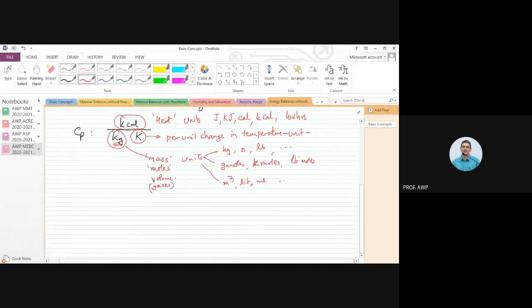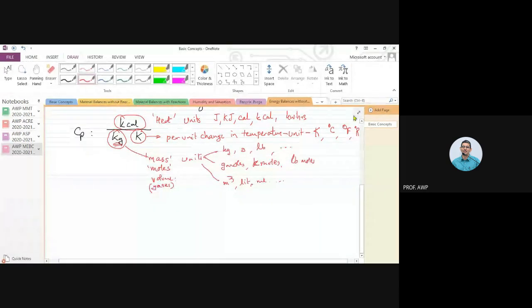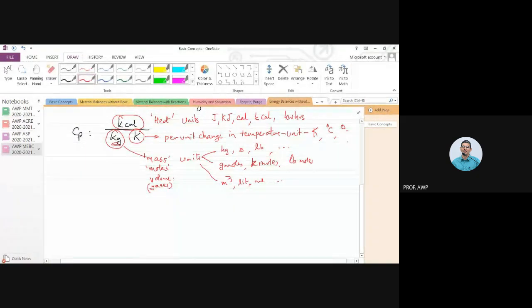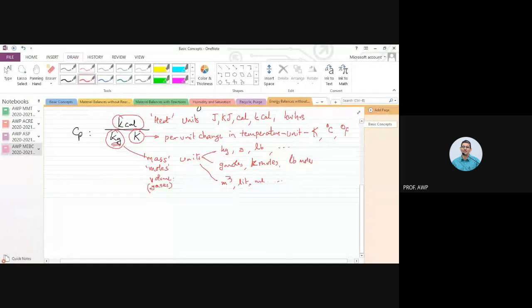You could write in terms of Kelvin, degrees centigrade, degrees Fahrenheit, or Rankine. Anyway, Rankine we should not write, okay? But we could write per Kelvin change or per degree centigrade change, right? So your Cp units could be various units.